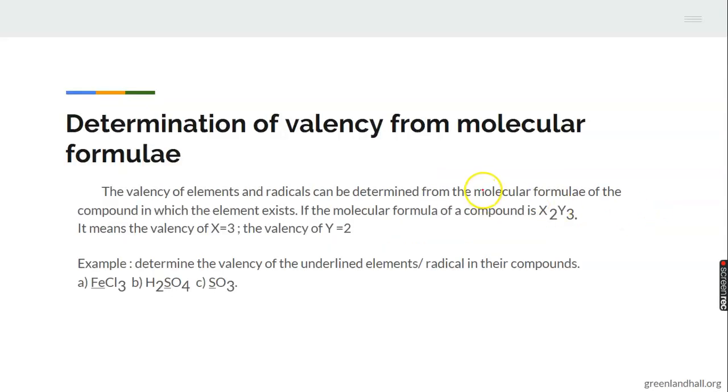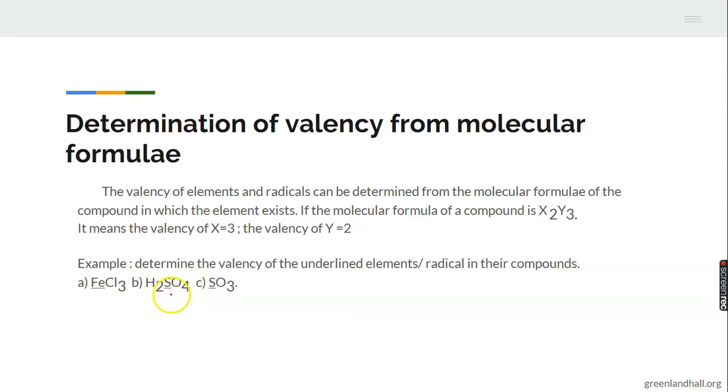So, determination of valency from molecular formulae. There are some formulae from which you can determine your valency. For instance, we have an example here. We have to determine the valency of underlying elements or radicals in their compounds. For instance, iron in iron(III) chloride.